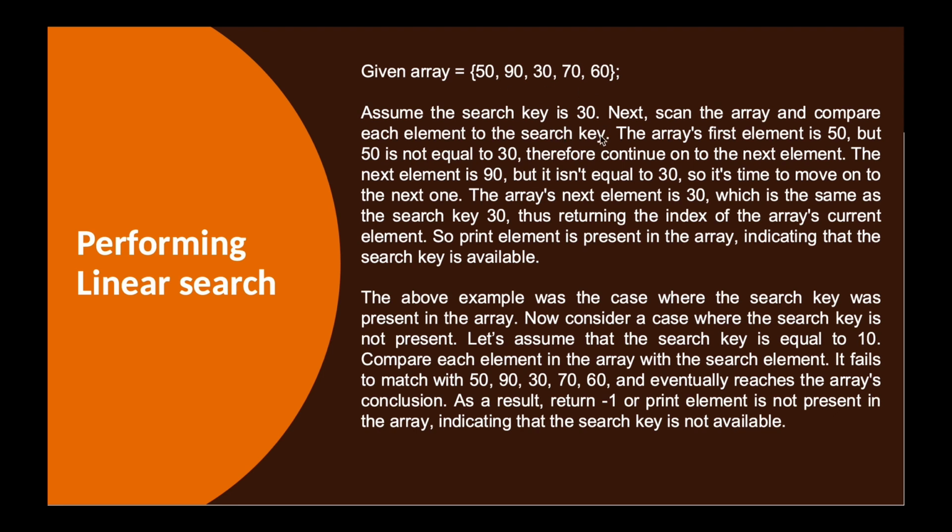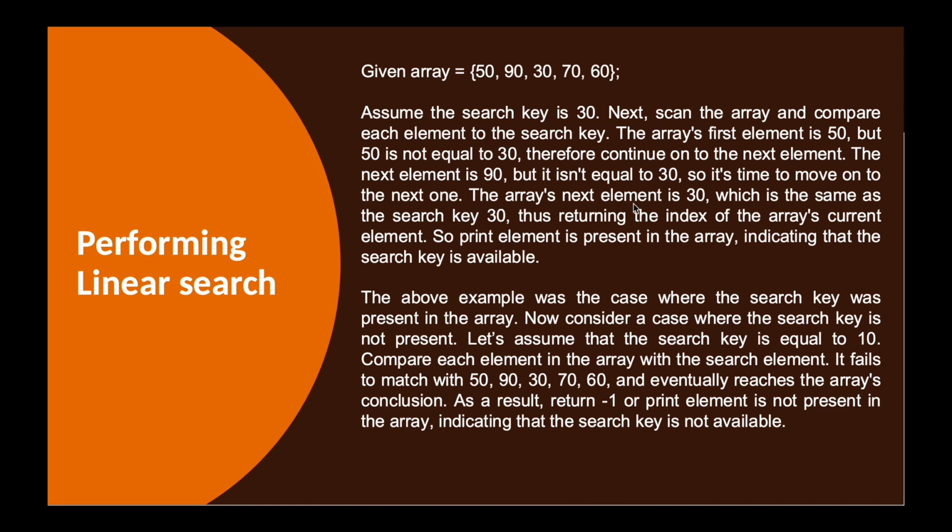The array's first element is 50, but 50 is not equal to 30. Therefore, continue on to the next element. The next element is 90, but it isn't equal to 30, so it's time to move on to the next one.